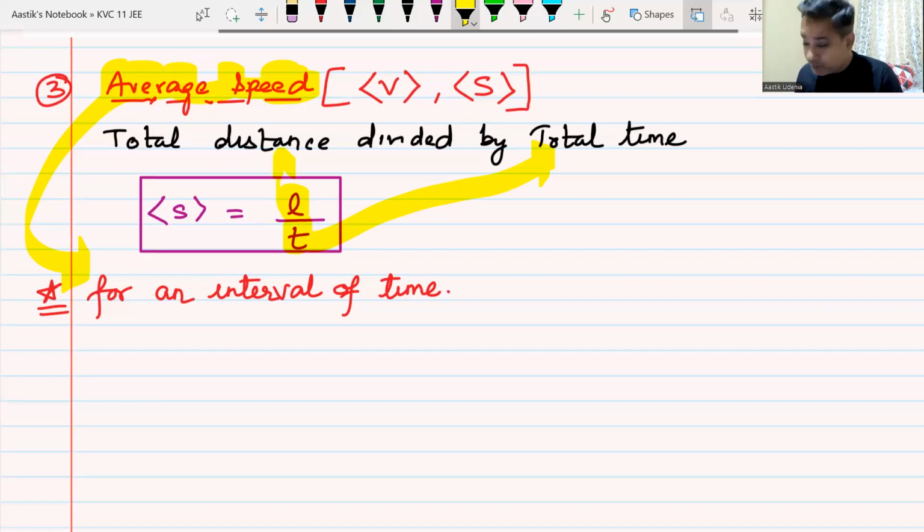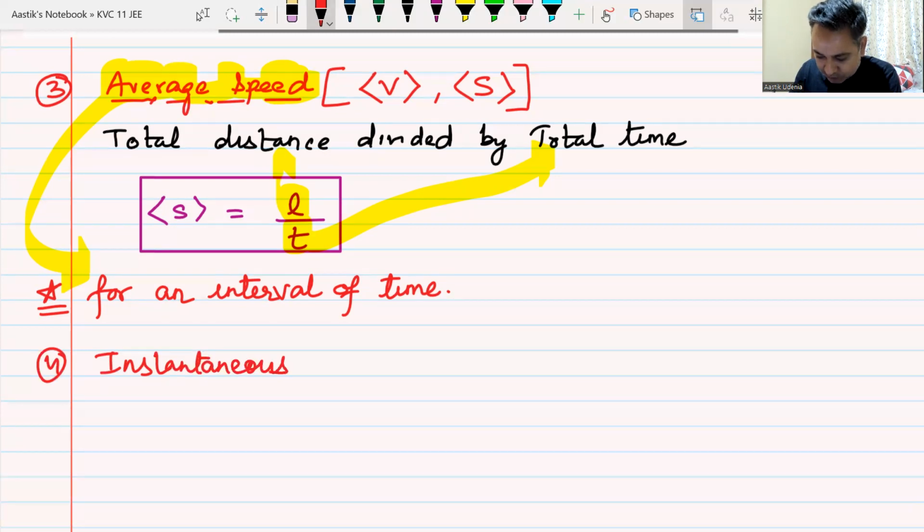If there is a fourth type of speed, what would that be? Instantaneous speed. Which one, beta? Instantaneous. Is that the word that you were telling me? Instantaneous speed.